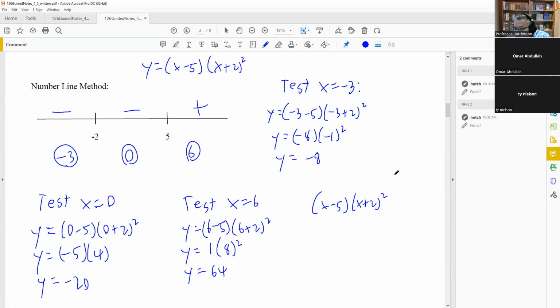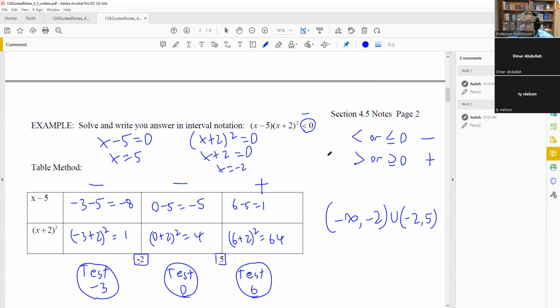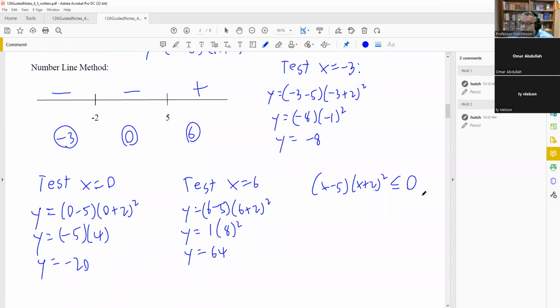It's going to be a little bit better if I do less than, because I want to show a point that I have to make here. So this I have less than or equal. Now remember, the original problem I had up here was less than 0, but I'm using the number line method, and let's pretend that the original problem I had was this right here: x minus 5, x plus 2 squared less than or equal to 0.